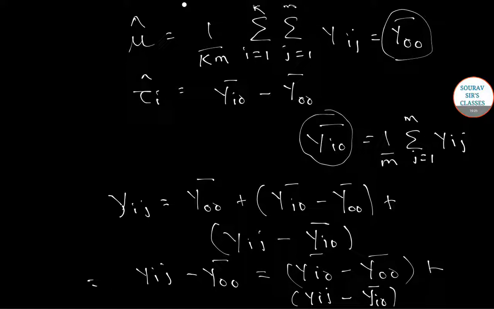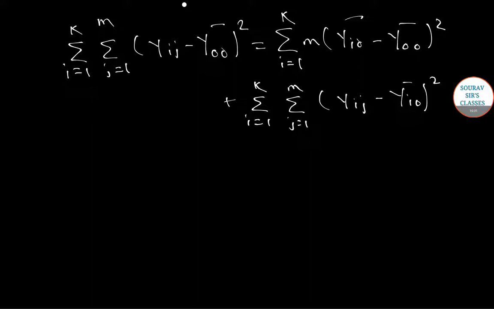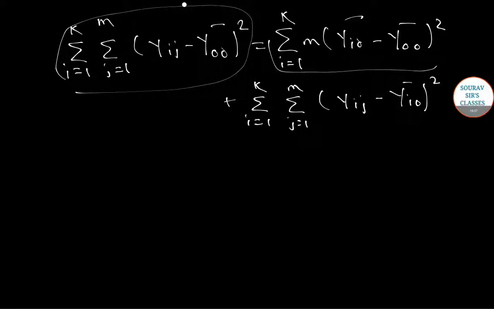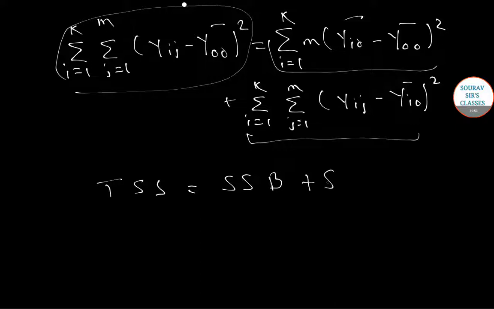Now when we square both sides, we get this equation where this is the total sum of squares, this term is the sum of squares due to different factor levels, and this is the sum of squares due to error, or TSS is equal to SSB plus SSE.